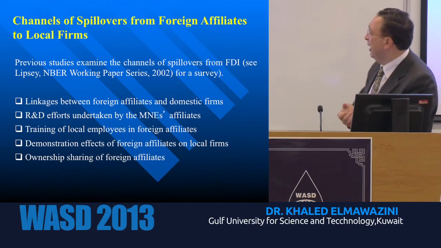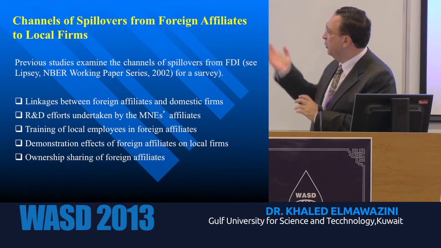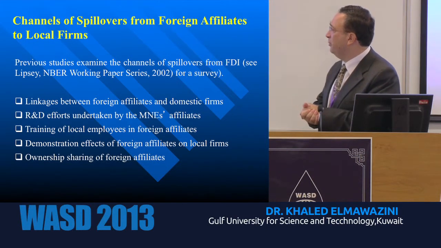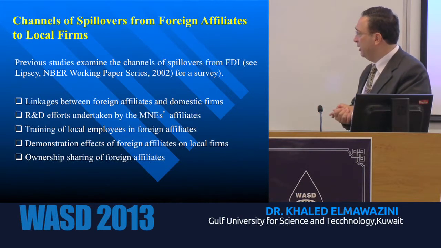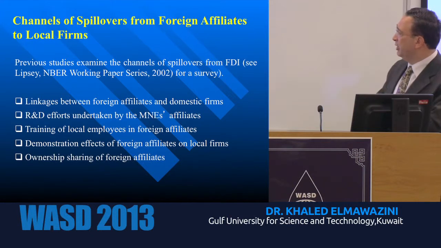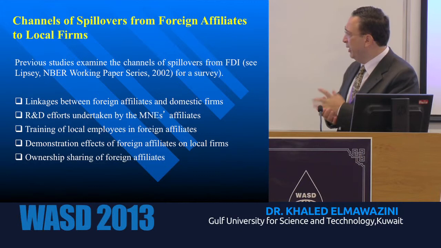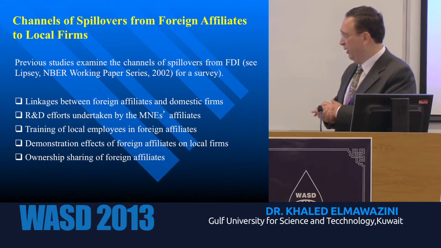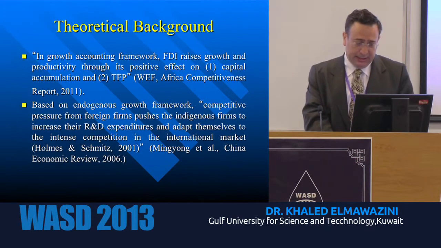The channels mentioned in previous studies are the linkages between foreign affiliates and domestic firms; the second channel, the R&D efforts undertaken by multinational enterprise affiliates; the third channel, the training of local employees in foreign affiliates; the fourth one, the demonstration effects; and the last one, the ownership sharing of foreign affiliates.